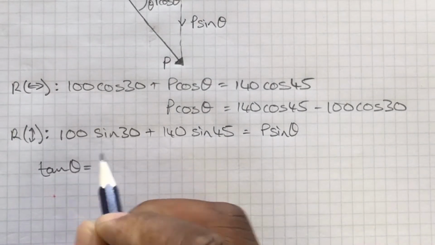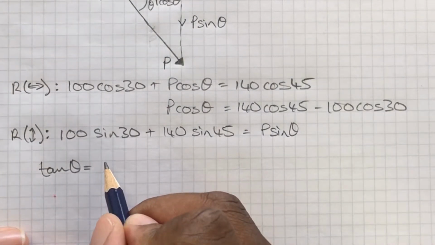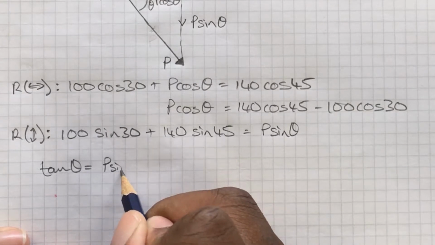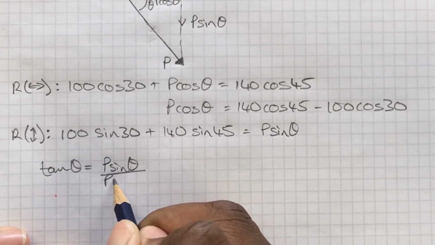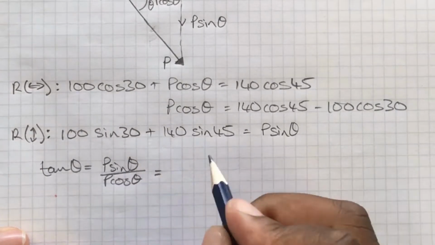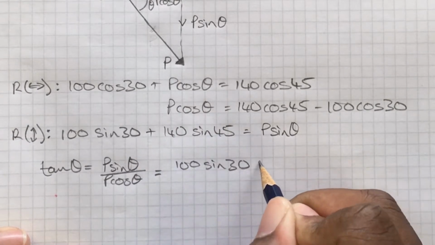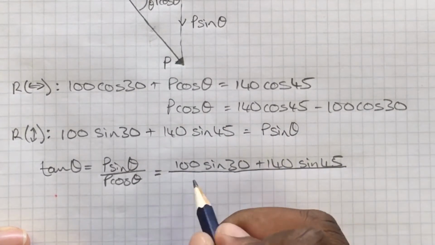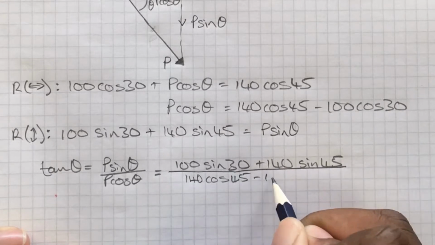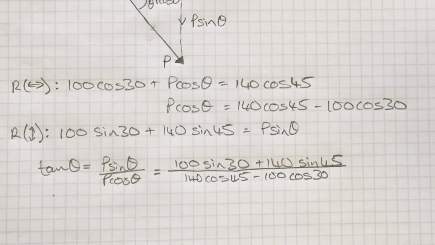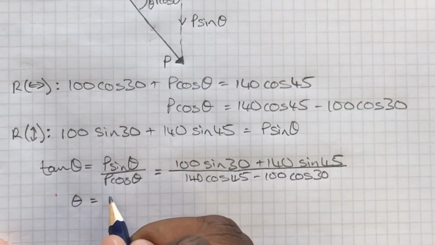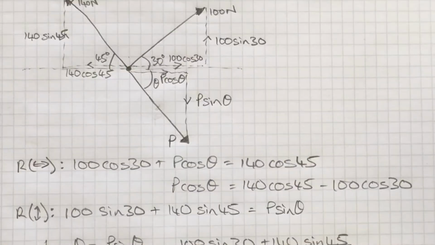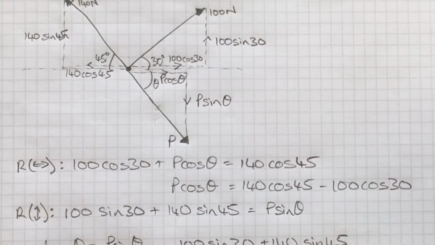So tan theta is going to be p sine theta over p cosine theta. Okay, and I'll just speed up this bit. But if we just punch this into our calculators, we'll get tan theta, and we also get theta equals 85.25 degrees. We can substitute that into one of our earlier equations.